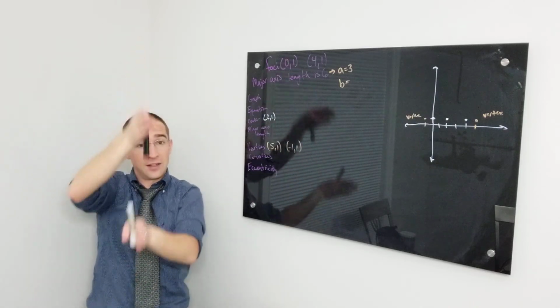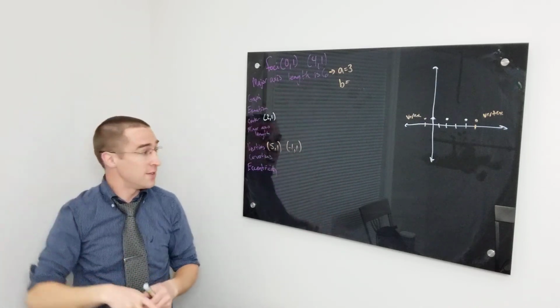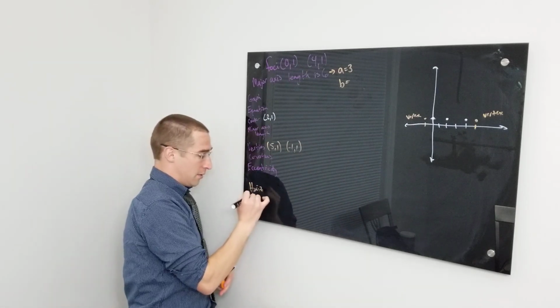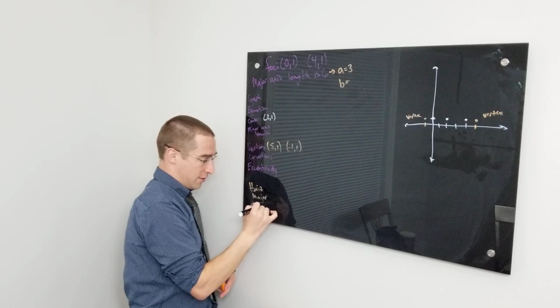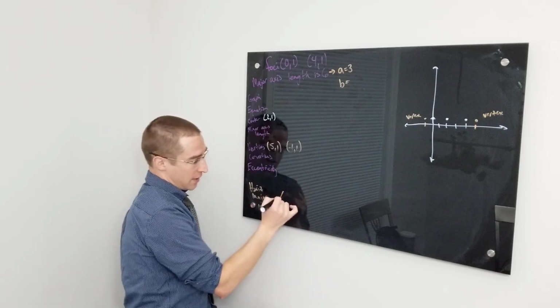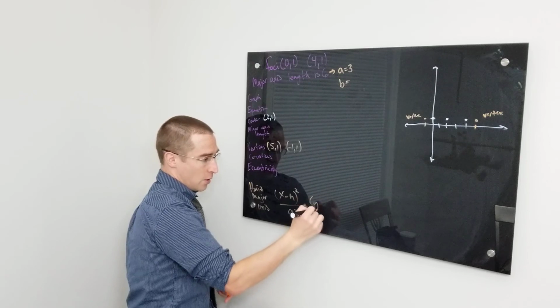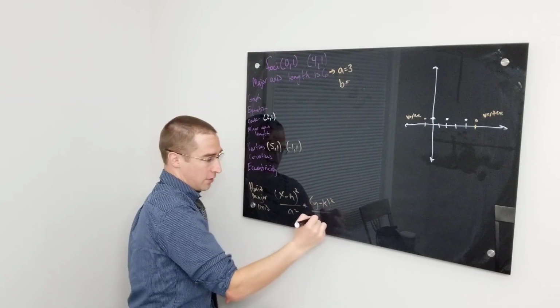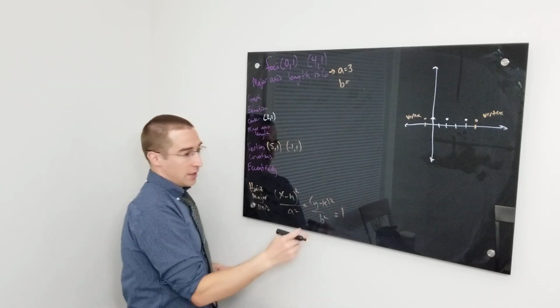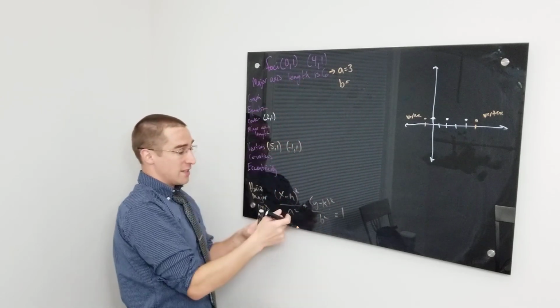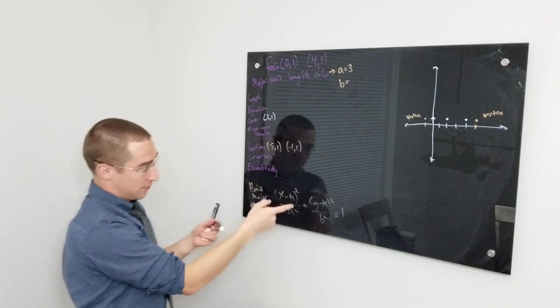If your foci are lined up this way, it's a vertical major axis. So here we've got a horizontal major axis, which means we're going to have (x minus h) squared over a squared plus (y minus k) squared over b squared equals 1. In other words, a squared, in this case 9, is going to be dividing the x minus h.